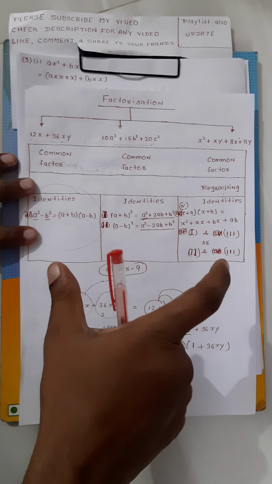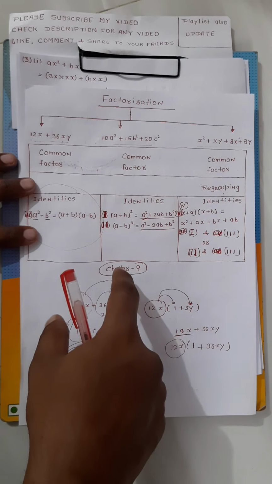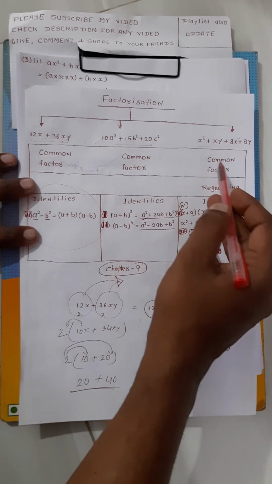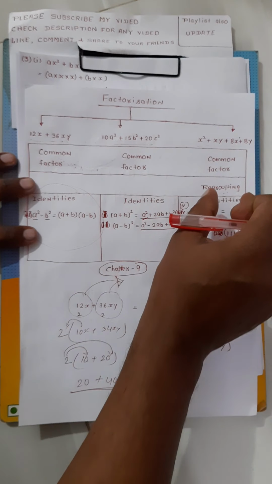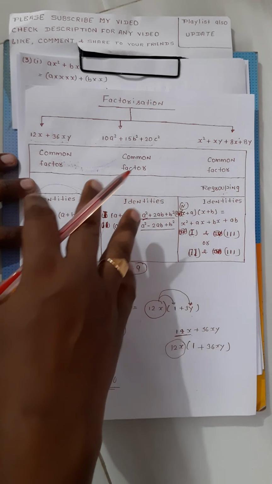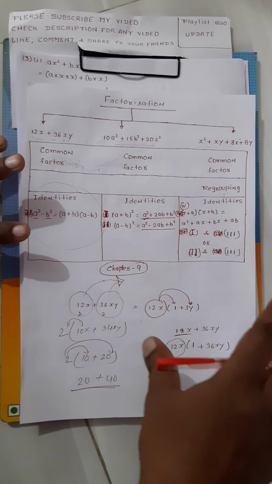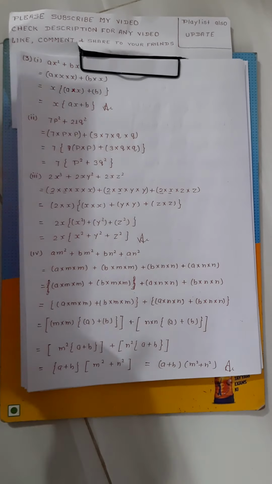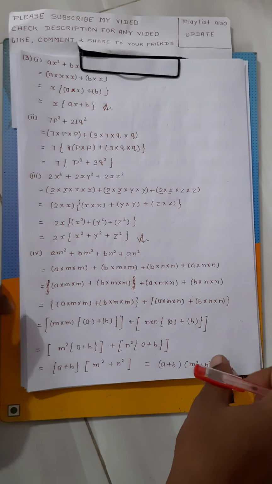So now all these questions depend on the common factor, the regrouping, and the identities. Understand? Now we start to solve the question.